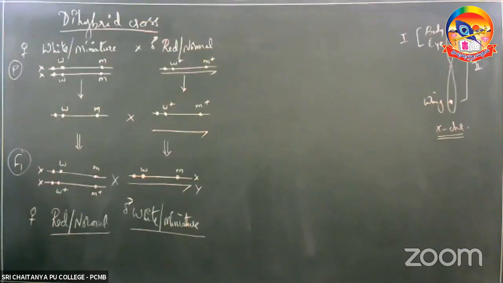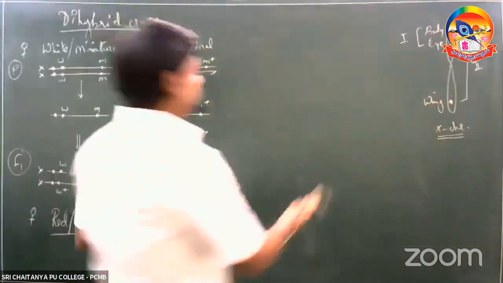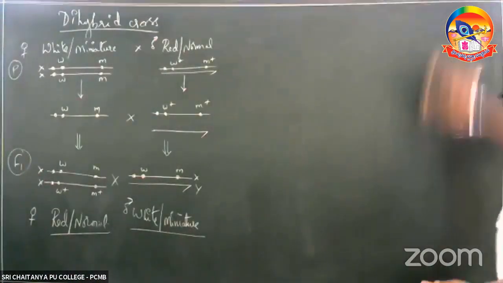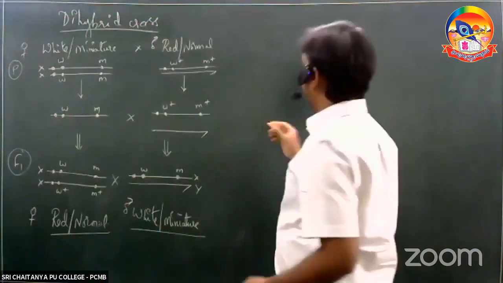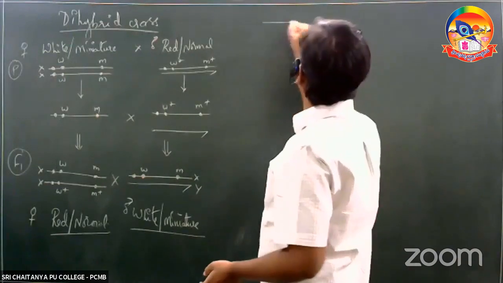Now as a result of this intercross, what do we observe here? In females, again 4 different types of gametes would be obtained, just like what we saw in the previous cross. So what are those 4 different types of gametes?